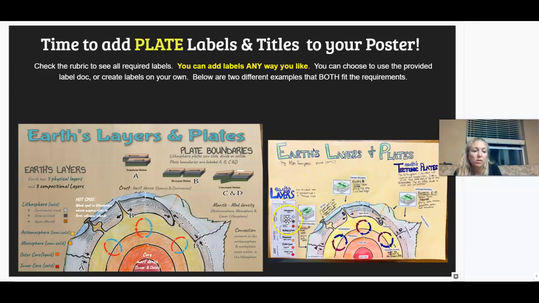This is the one that I made that's going to be on the board. This is just a digital one, and yours doesn't have to look like mine. It can look like your own creation as long as it meets all the requirements of the rubric. The requirements are on the front and the back of the rubric, so make sure that you turn it over to make sure that you have everything that you need to have.